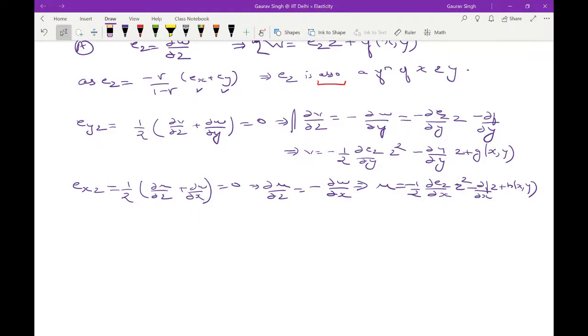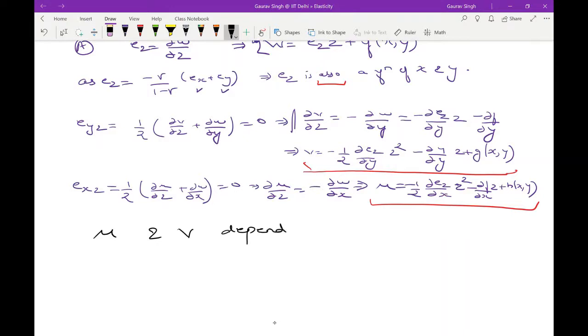Now carefully look at this and this. u and v depend on z, right? You have a z over here, you have a z over here, you have a z over here, you have a z over here.